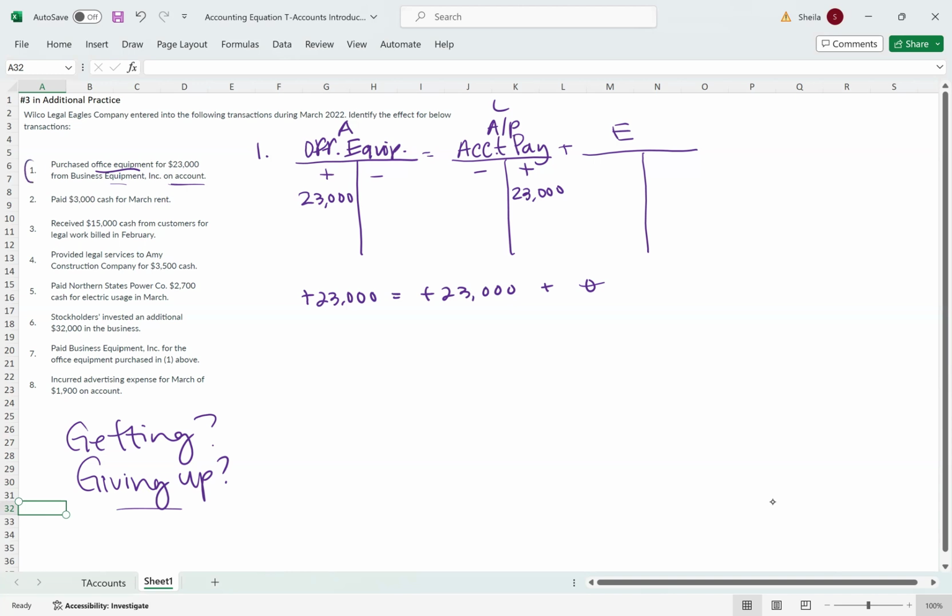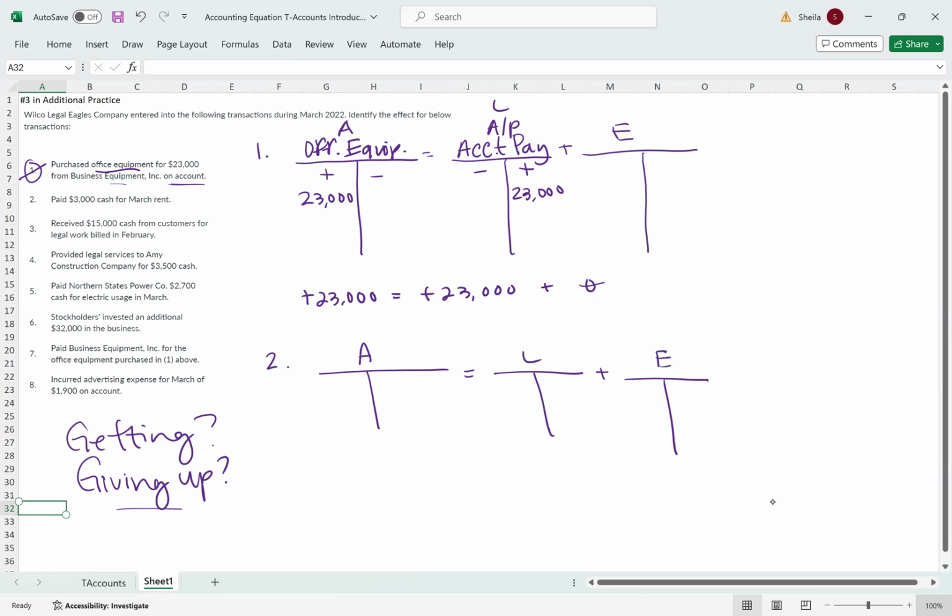We're going to go ahead and work on number two. And then I'm going to stop for just a moment and give you a follow-up video for the rest of these. So now let's look at two. Paid $3,000 cash for March rent. Again, draw out your T accounts and let's identify what's happening. Assets, liability, equity.